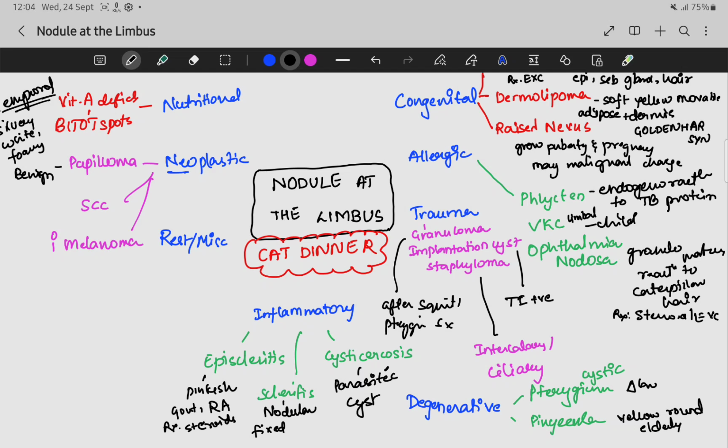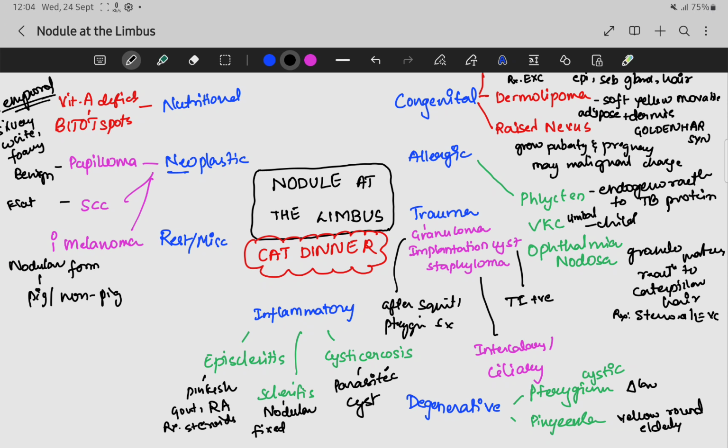Squamous cell carcinoma is a cancerous lesion, as we know. It is flat, granular growth which invades the underlying structures and requires early excision. Primary melanoma can be in the nodular form, either pigmented or non-pigmented, and the treatment is excision.